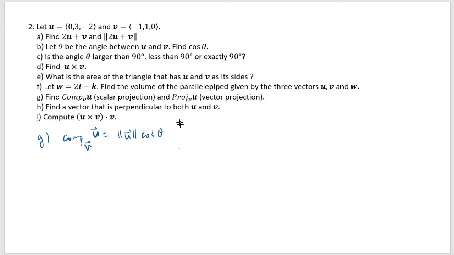But here, since we're given the coordinate form, it's better to think of this as norm of U times norm of V times cosine of theta divided by norm of V. Because if you do that, then the top one is the same as U dot V. And the bottom one is the norm of V. And U dot V is 3.